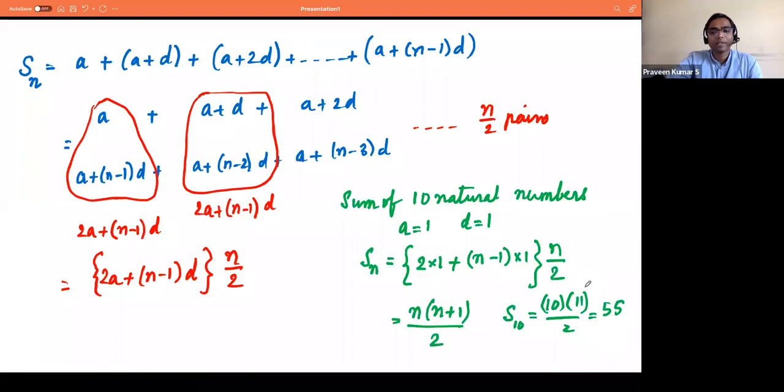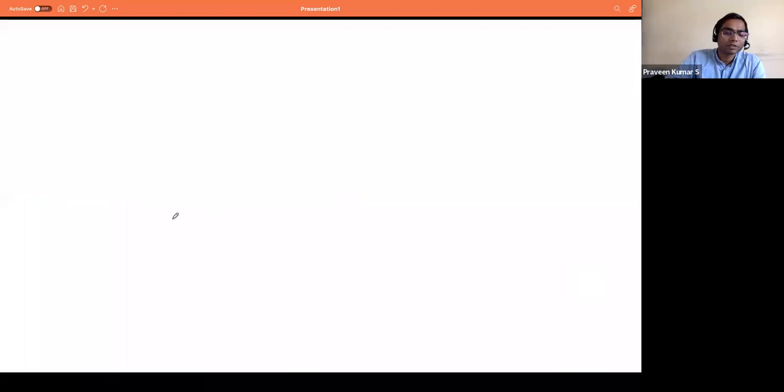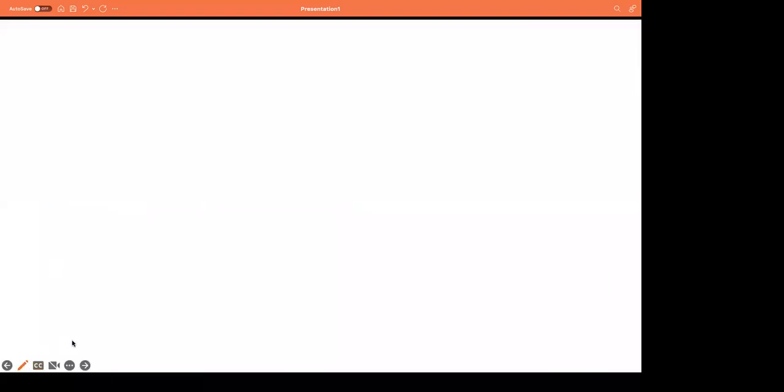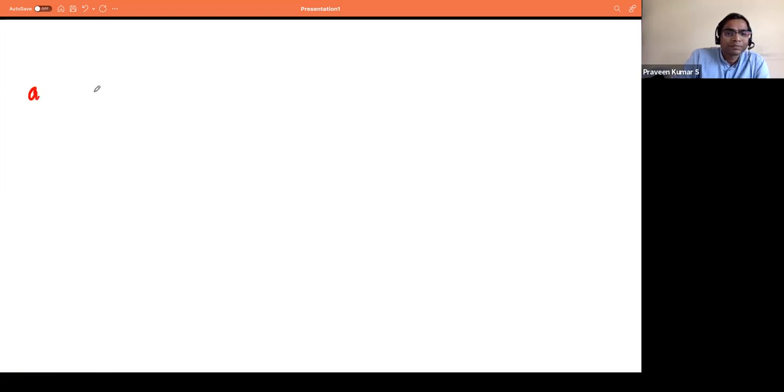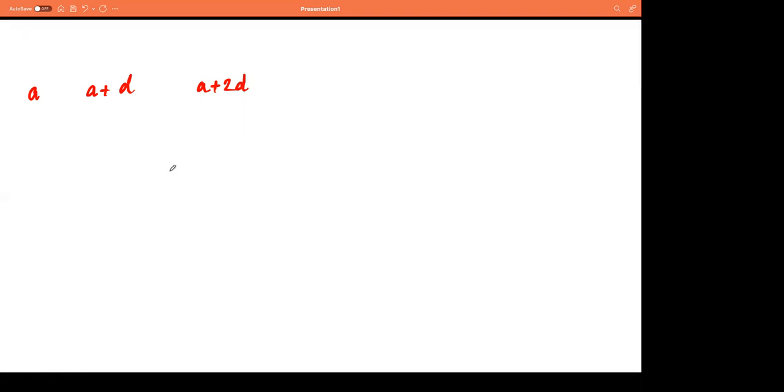Now there is another interesting property which we make use of quite a bit. If you observe a, a plus d and a plus 2d, can I say that these three numbers are in an AP, arithmetic progression? Yes, because their difference is the same.